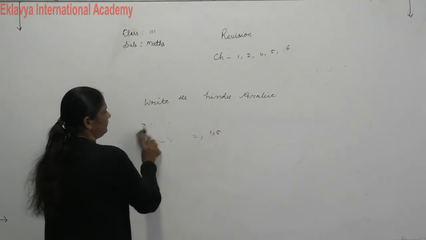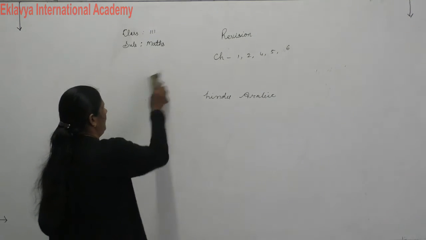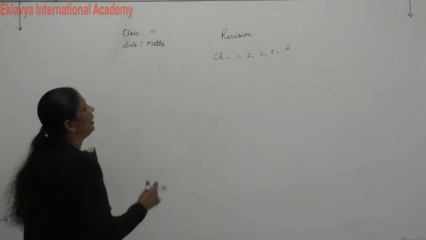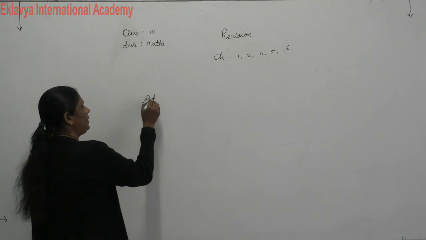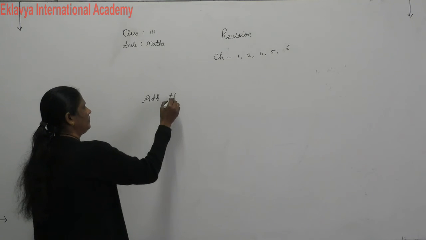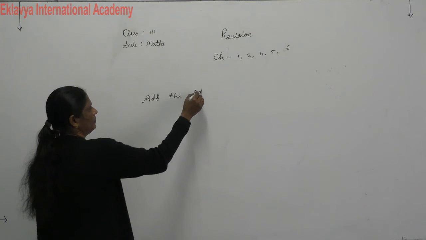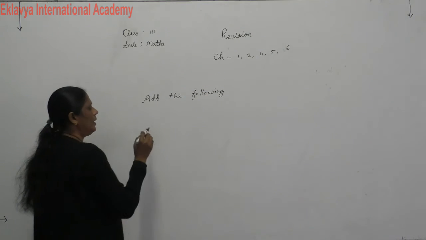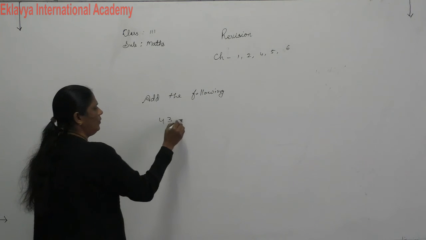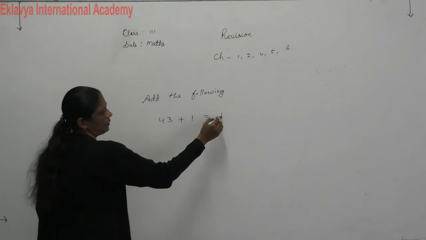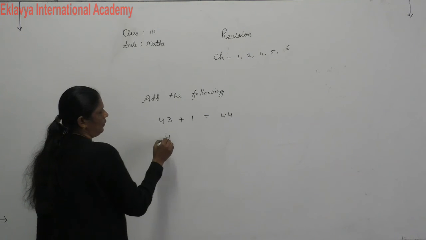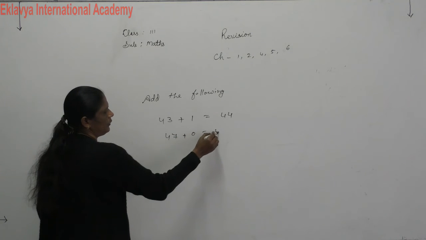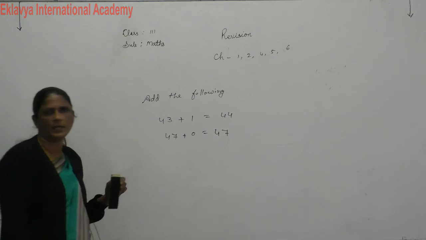Then next, add the following. 43 plus 1 is equal to 44. 47 plus 0 is equal to 47. Understand this?